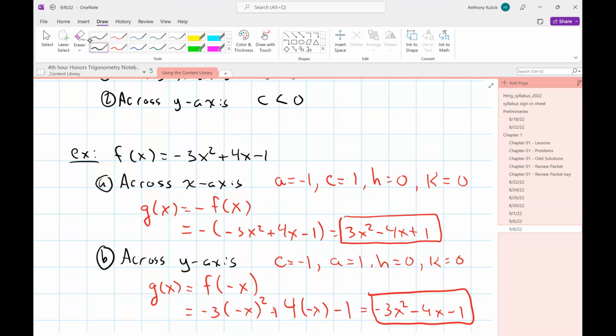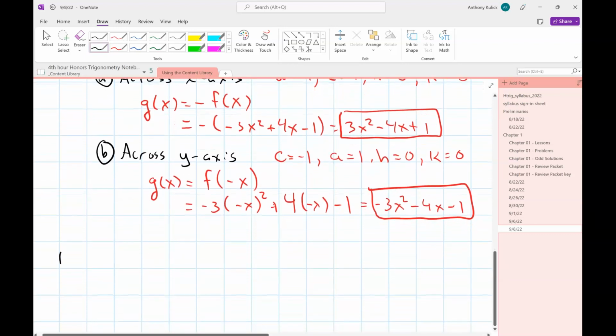If I graphed f of x and that g of x, I would see that they are reflections of each other across the y-axis. Everybody's cool? So far, so good?